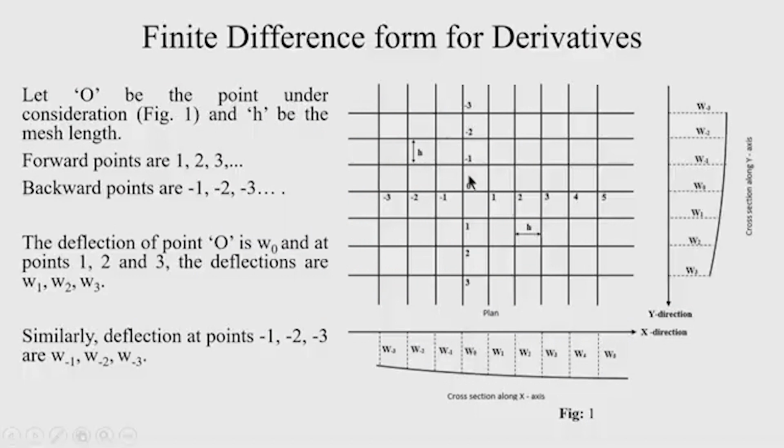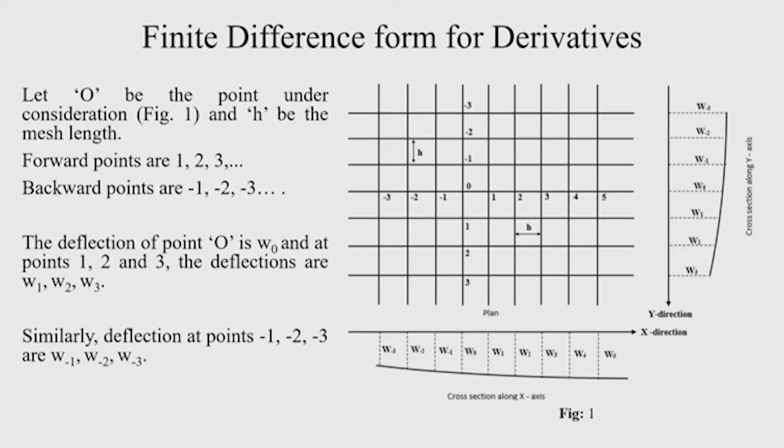Okay. Here we take rectangular grids, and we divide the plate with the grid, and we have selected equal mesh size in both directions, x direction and y direction, but it is not mandatory.